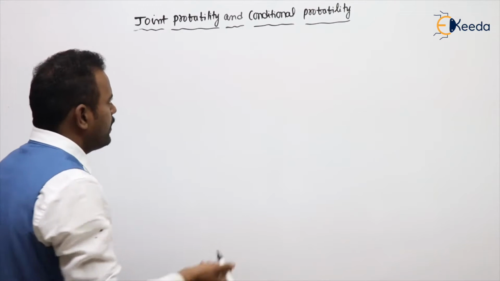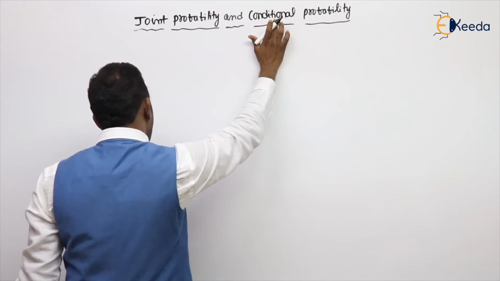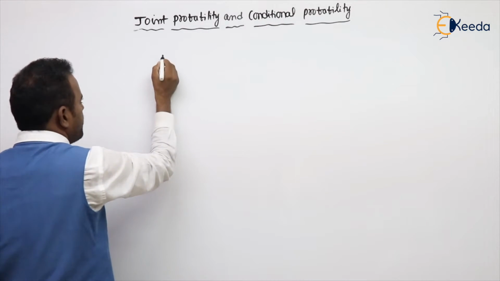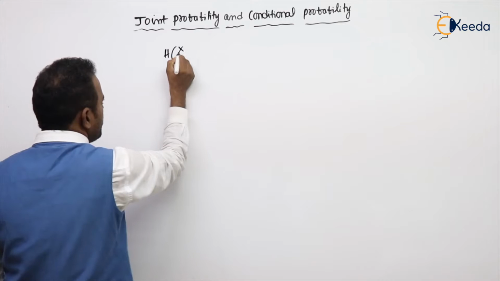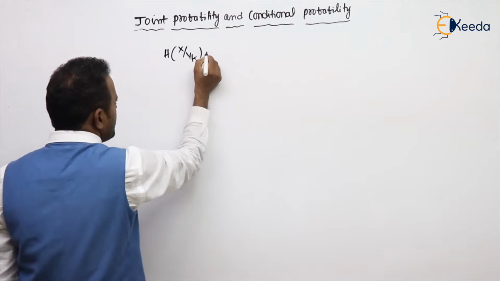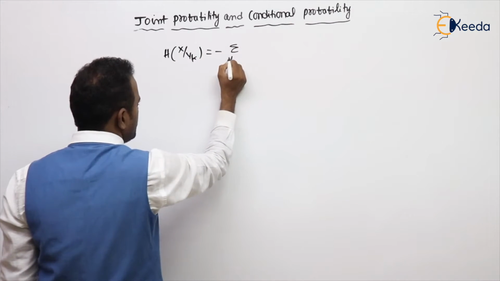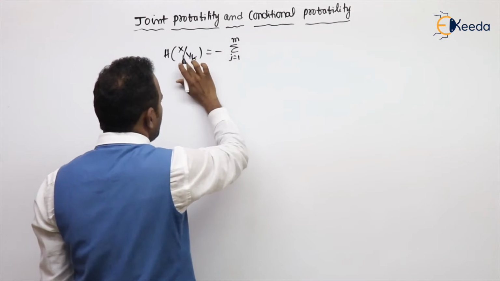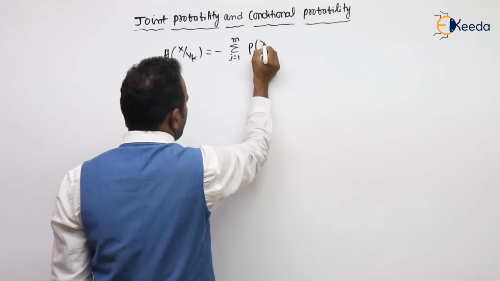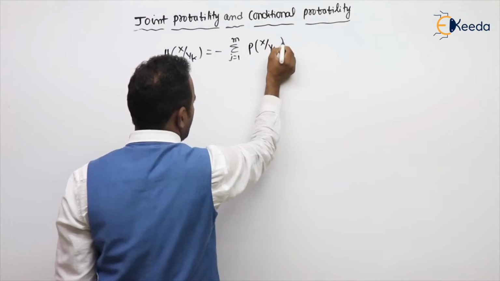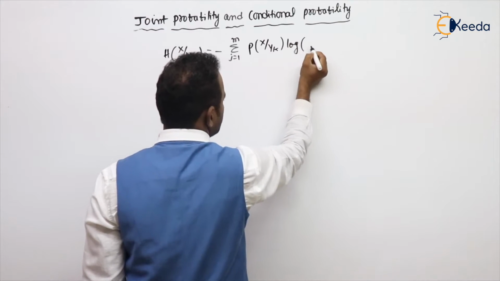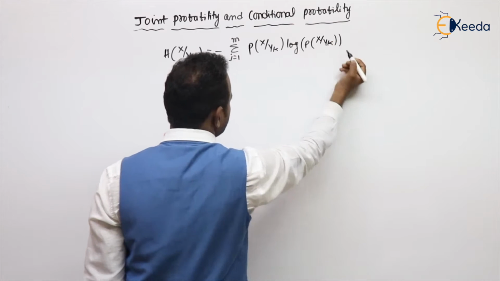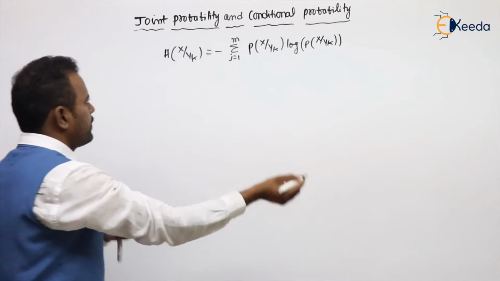Now let's go forward. We are writing the entropy of the conditional probability. That is H of x by yk is nothing but minus summation j equal to 1 to m, probability of x by yk into log probability of x by yk. Now follow.